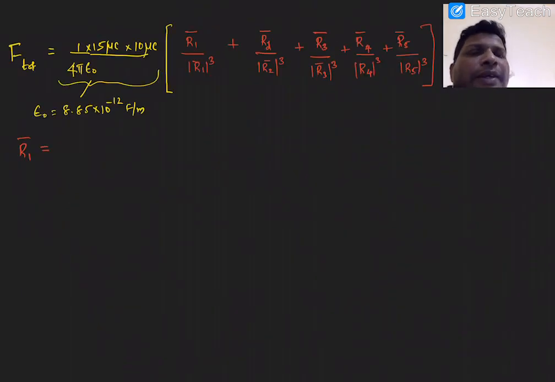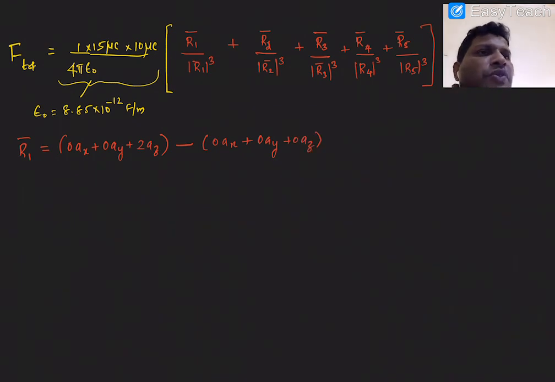So it will be 0 ax plus 0 ay plus 2 az, that is the position vector of 0, 0, 2, minus 0 ax plus 0 ay plus 0 az. This is the position vector of 0, 0, 0. So this will be equal to 2 az. I hope it is clear to you.